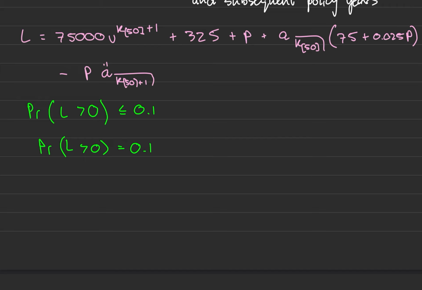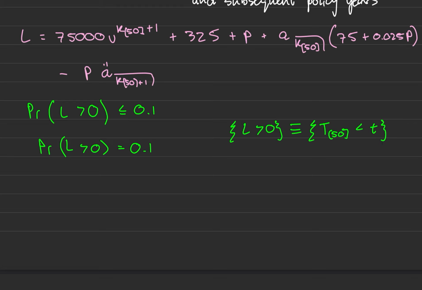If I end up receiving a small amount of premiums, then I will make a loss. Now the loss being greater than 0 is synonymous with, so this event, that the loss is greater than 0, is equivalent to the event that my complete future lifetime is less than some time t, which I need to find out.